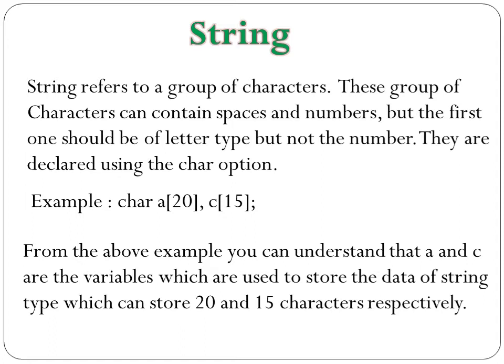Here in this example, a and c are the variables which contain the string data type, and the range is also specified here. It means that the variable a can contain up to 20 characters, whereas the variable c can contain up to 15 characters.